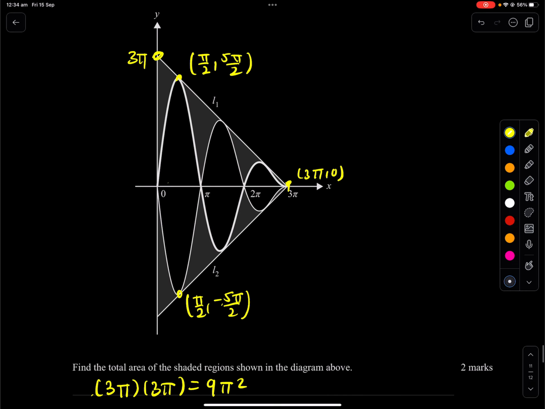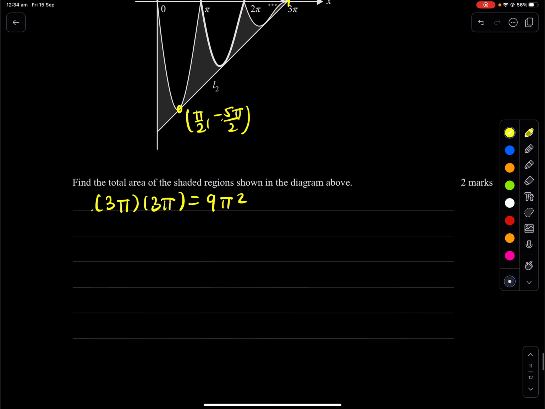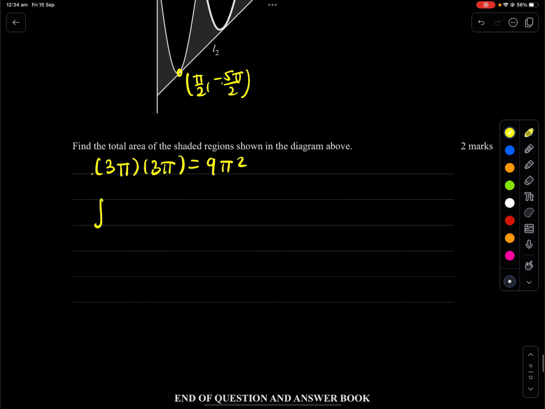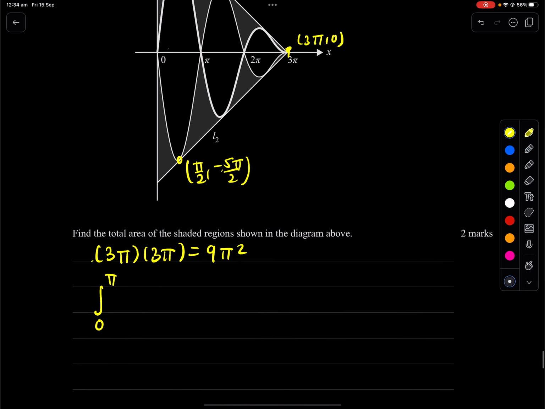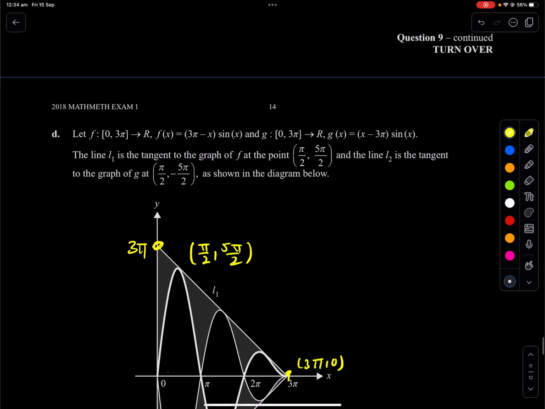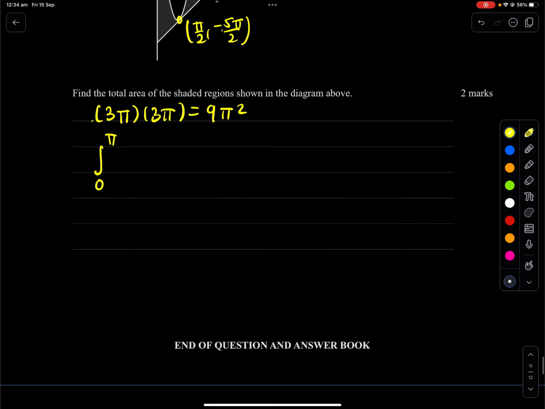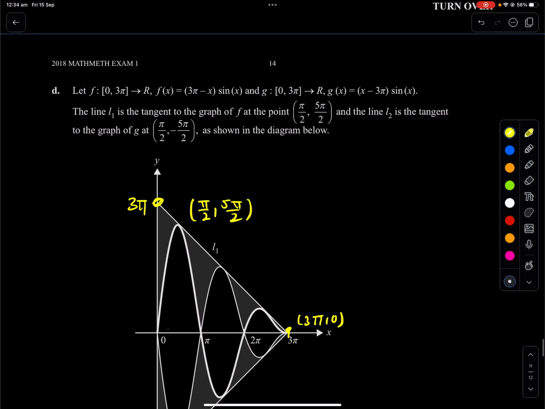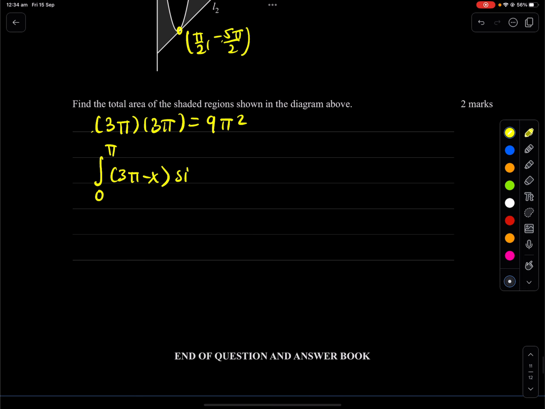All right, now let's try to find the area of the parts here. Let's just try to find the area of this first, from 0 to pi. So what's the area from 0 to pi of the graph 3 pi minus x, sine x dx?